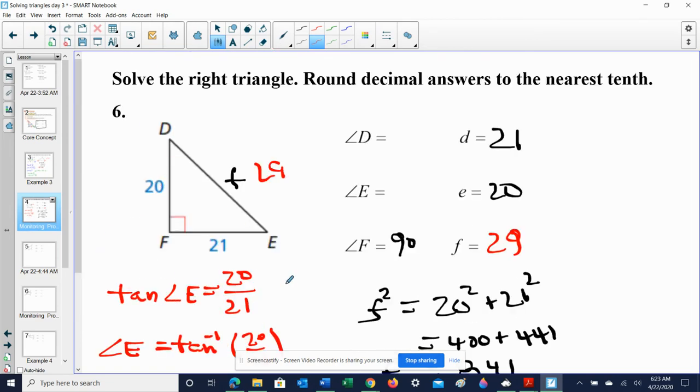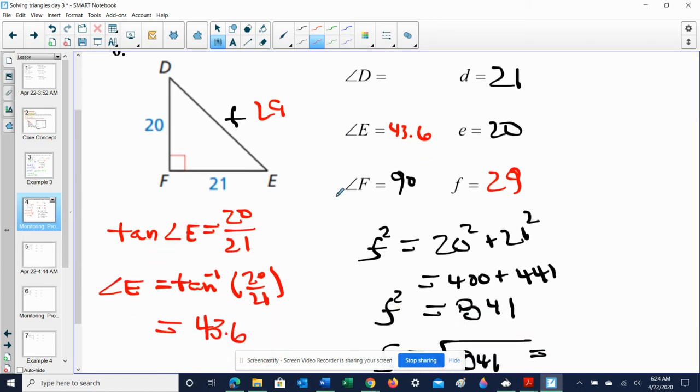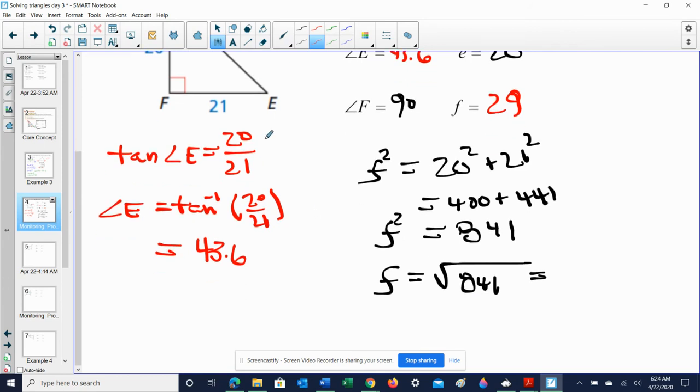So that's angle E, 43.6. And how would I now get angle D? Just subtract that from 90. 90 minus 43.6.